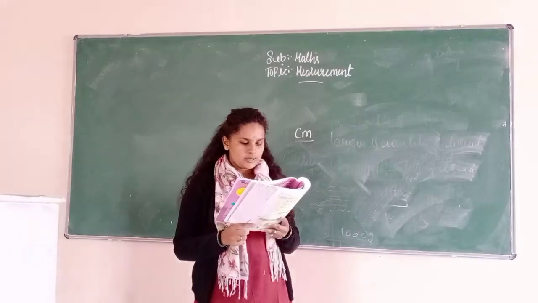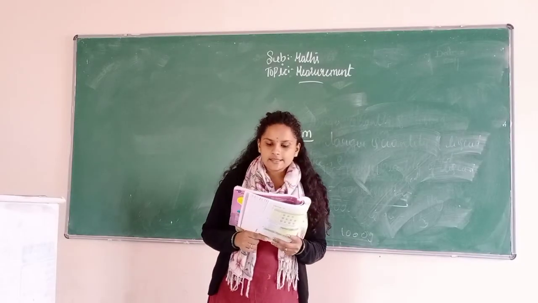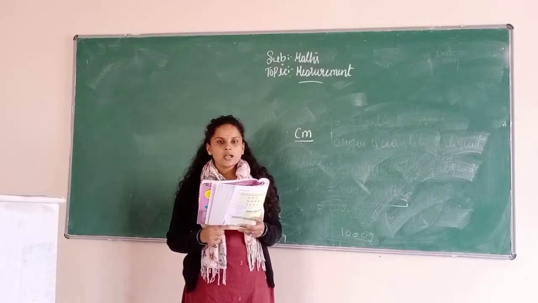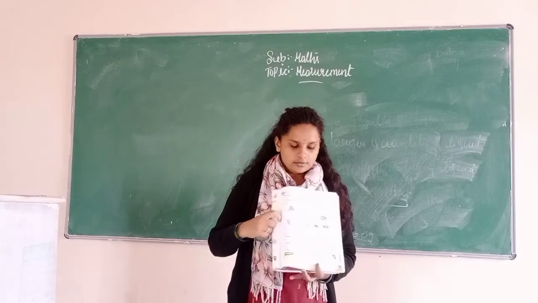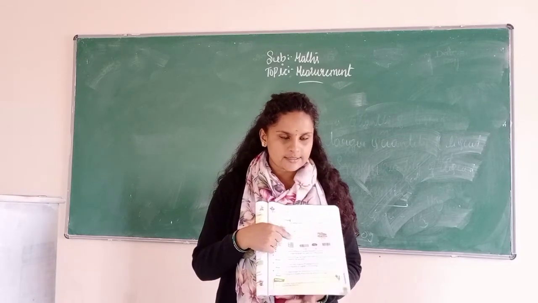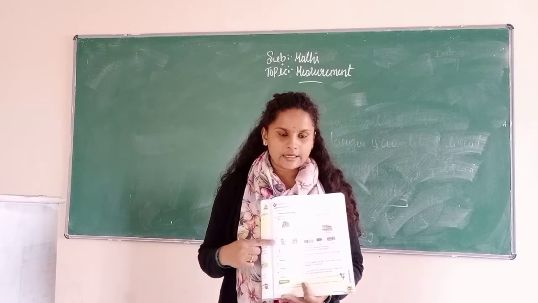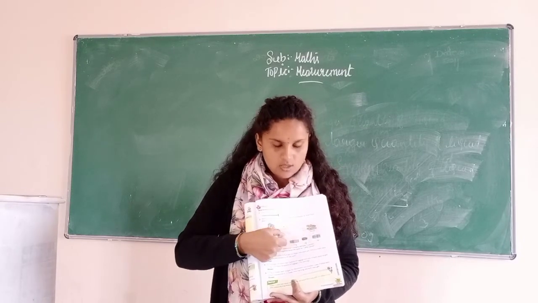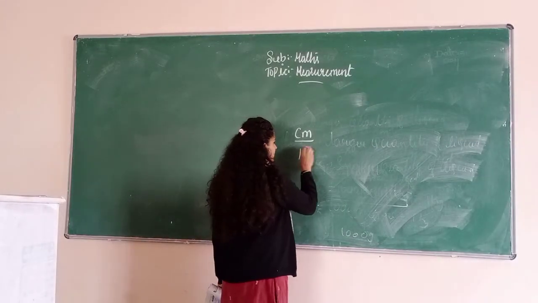Then darken the route in which Ashok Nagar is at the distance of 18 kilometers from Bapu Nagar. On page number 169, from Bapu Nagar to Ashok Nagar, we have to darken the way that will be 18 kilometers.